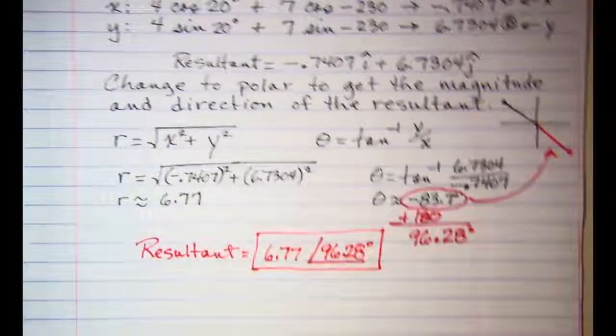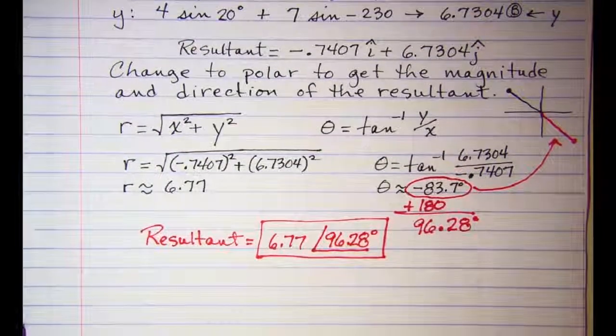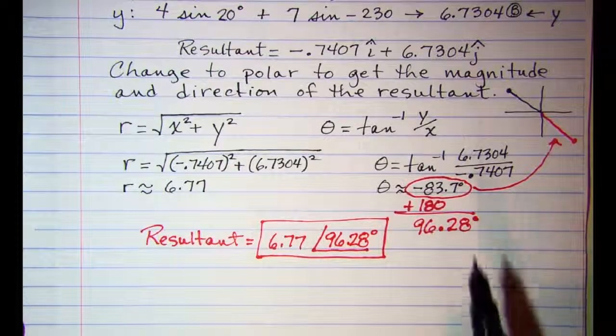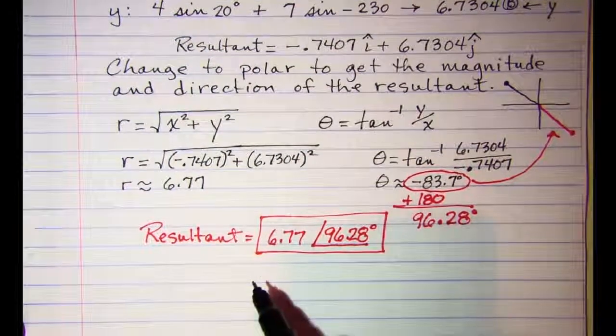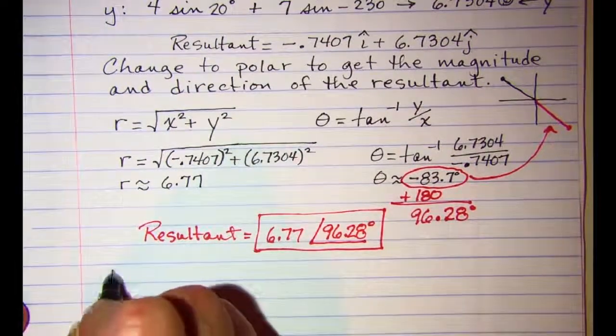When we're talking about vectors, we sometimes want to talk about a force that will balance a resultant, and this is called the equilibrant.